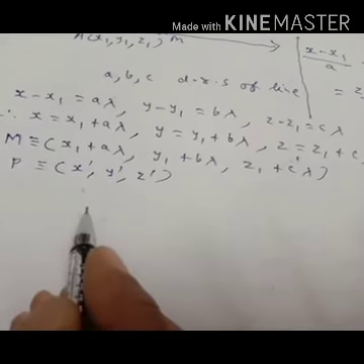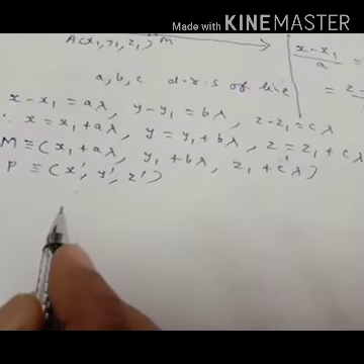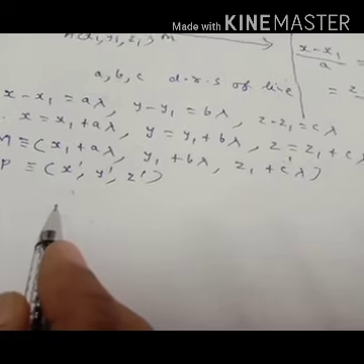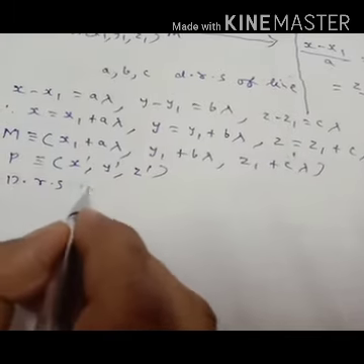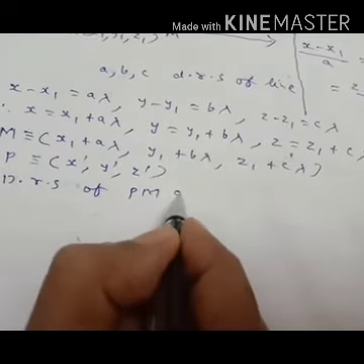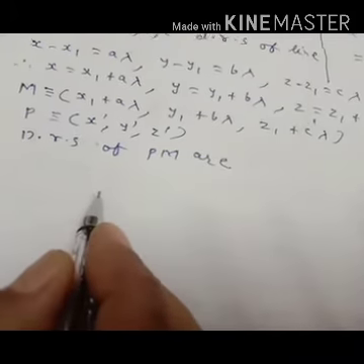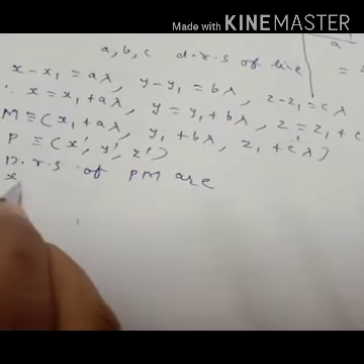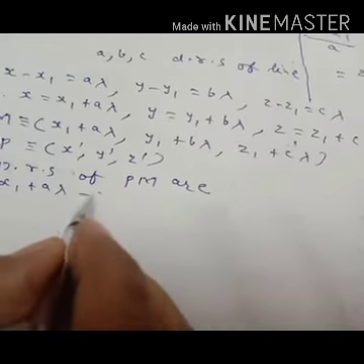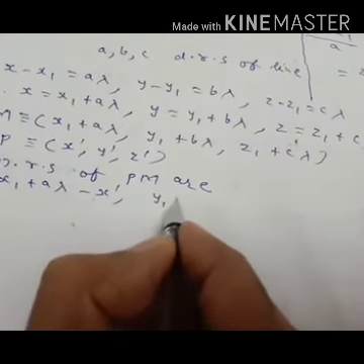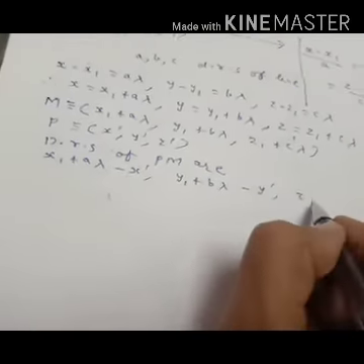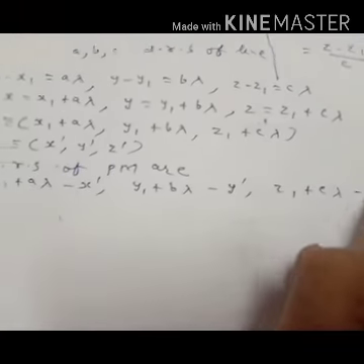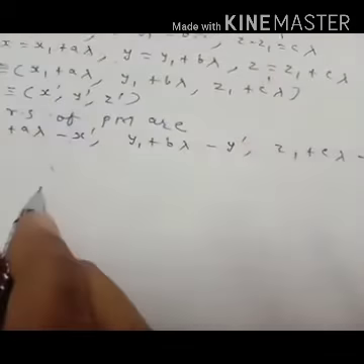If we know the coordinates of any two points on a line, we can find the direction ratios of the line. So the direction ratios of PM are the differences between corresponding coordinates: x1 plus a lambda minus x dash, y1 plus b lambda minus y dash, z1 plus c lambda minus z dash.